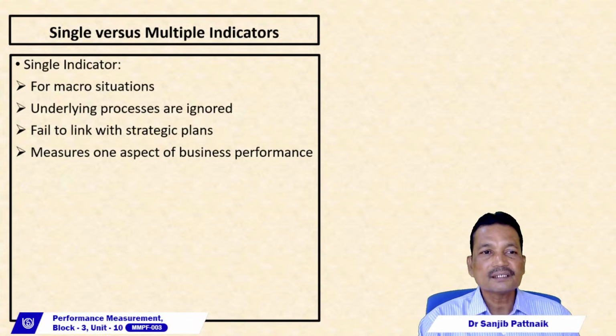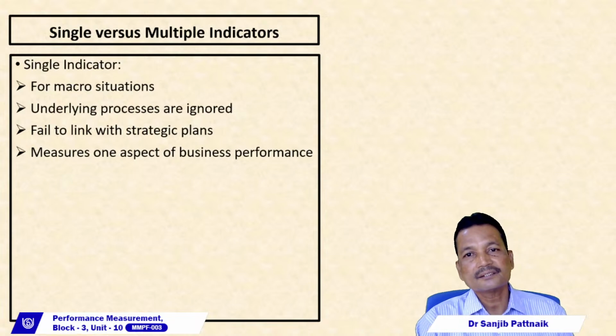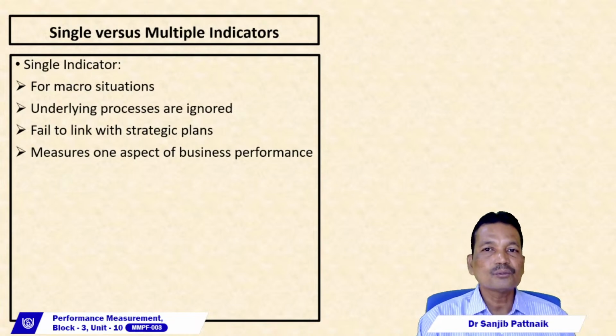Here, if we look at a single indicator, just now with the example we saw, the net profit may not be showing which division is performing better in a certain activity or which division is falling behind. That means the single indicator will be ignoring the various underlying processes.